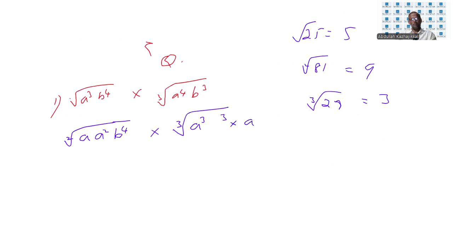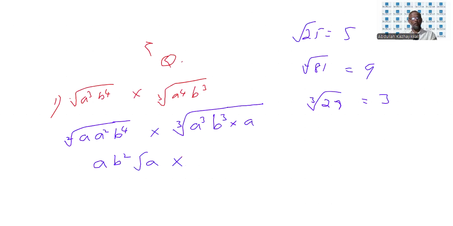A raised to 4 means a cube into a, raised to 4, b cube. This is under the cube root, not square. Now exactly we can say square root, I don't want this 2. Square root of a square, I can say a. Square root of b raised to 4, we can say b square. But a is there, that is square root of a. Here he was confused. Square root of a.